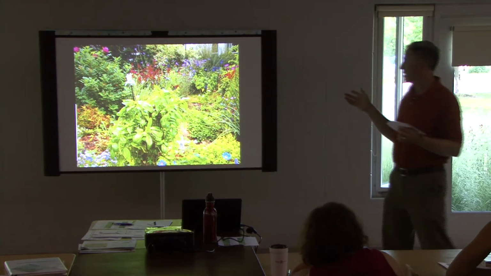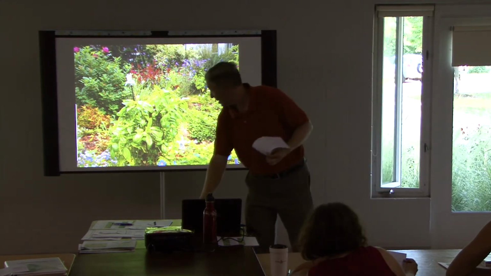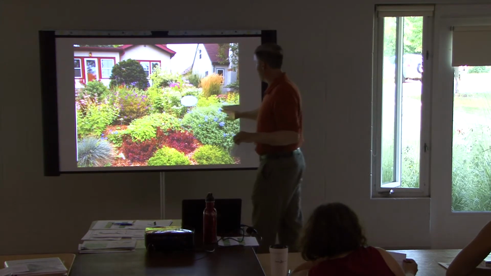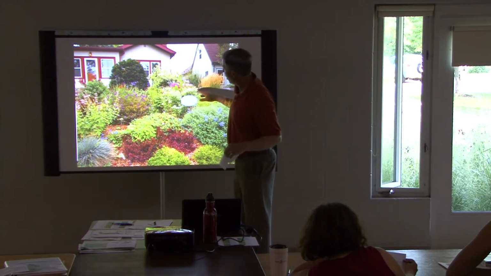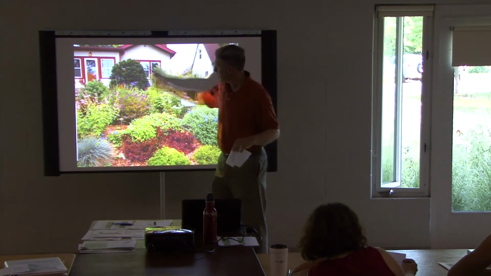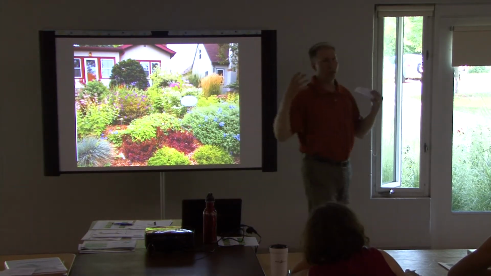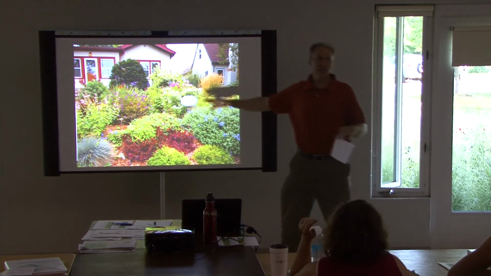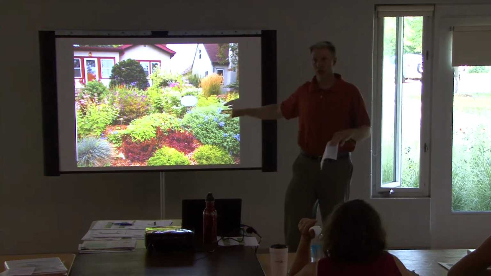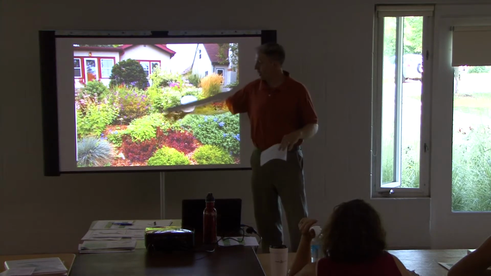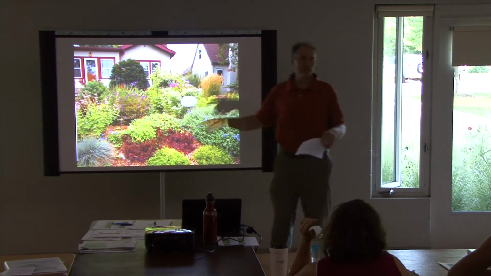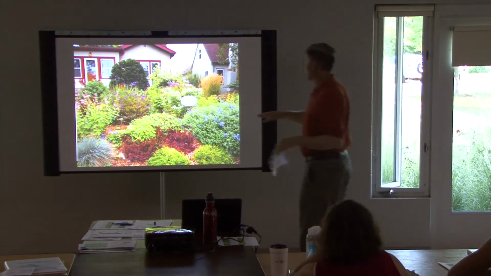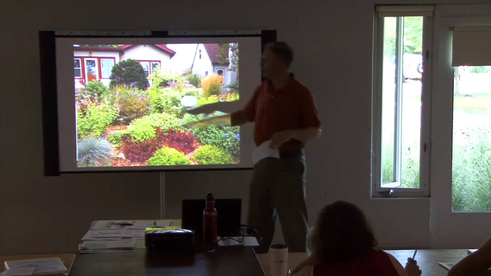I mentioned that one didn't necessarily have many natives in it, but it's going to have a number of mint species, poppies, different things that are going to be providing pollinator habitat. There's a lot of structure here, and with wildlife, we look for structure. There's plants of different heights, there's grasses, there's flowers. There's a lot of habitat there for different critters. So this ultimately is going to be pretty good habitat.